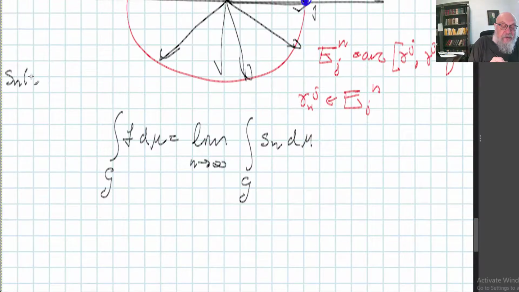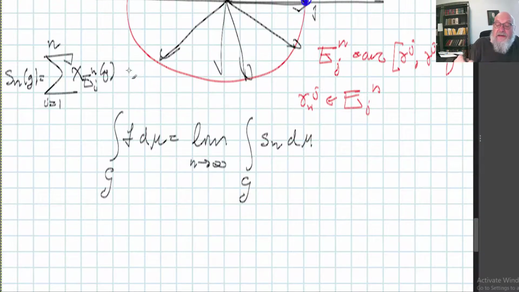Our Sn of g is equal to the sum for i equal 1 to n of the characteristic function on E_i,n of g, and then here we have the imaginary part of e.